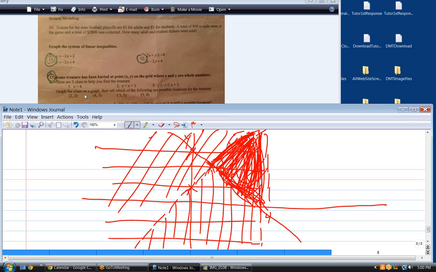In other words, 3 or 2 seems like the only possibilities on the x if it's got to be a whole number. And then if x was 3, then y could be 3 or 2. But if you go through these answers here, we don't have time now, and unfortunately I have a 5 o'clock to go to, but you could check each of these values and see if they end up in that solid zone or not.